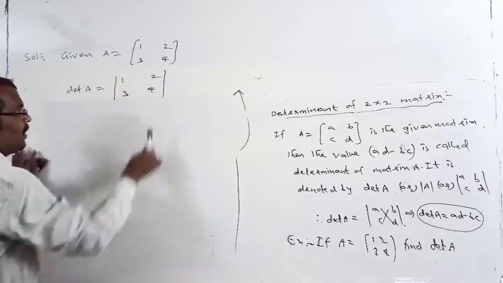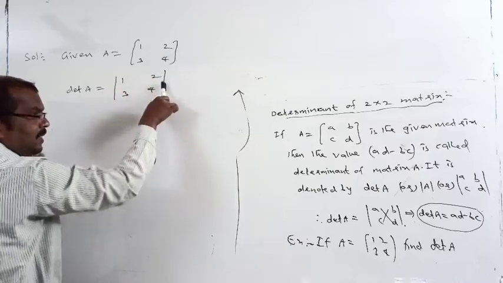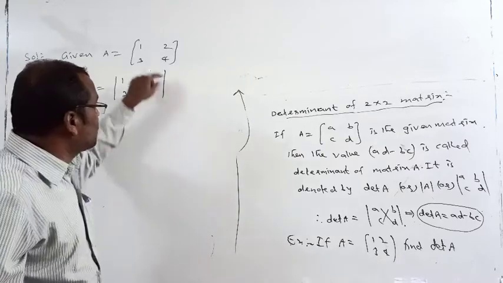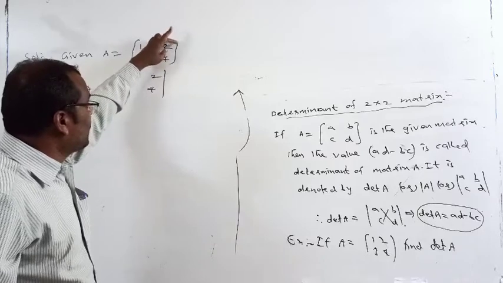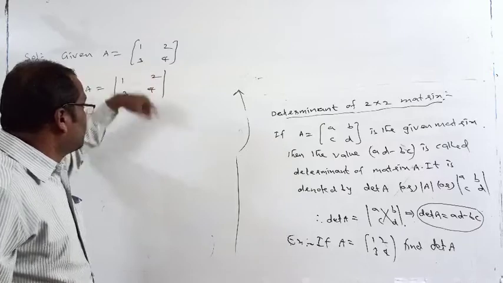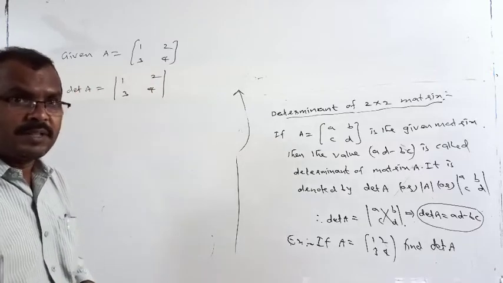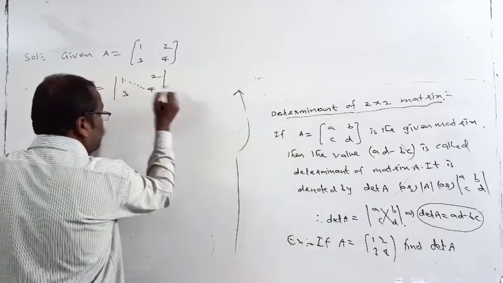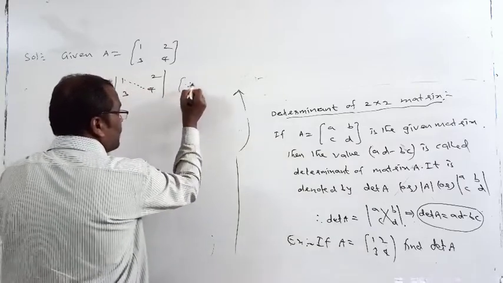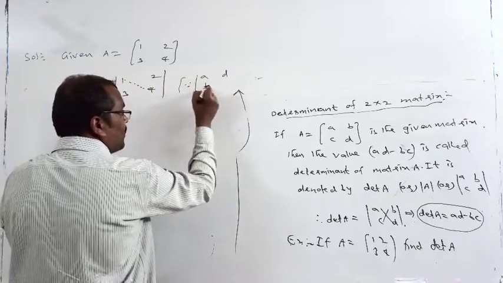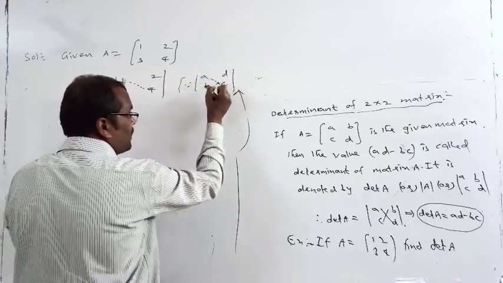Now see the symbol. It is the matrix and it is the determinant. Now see the symbols, or you can compare the notation. When you are writing the square bracket, it will be a matrix. When you put the lines, it will be a determinant. Now multiply these terms. The formula is AD minus BC.